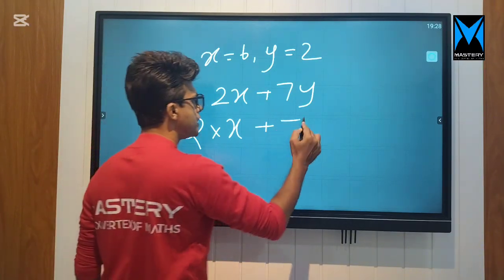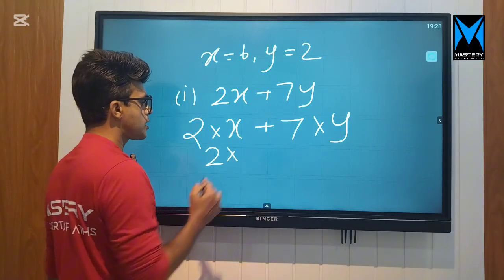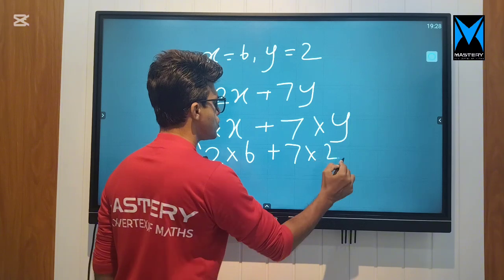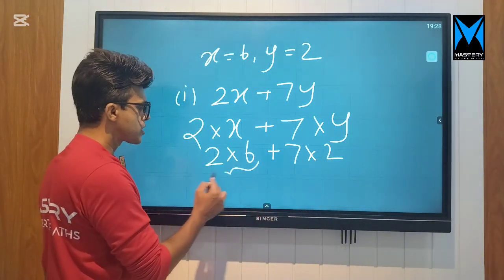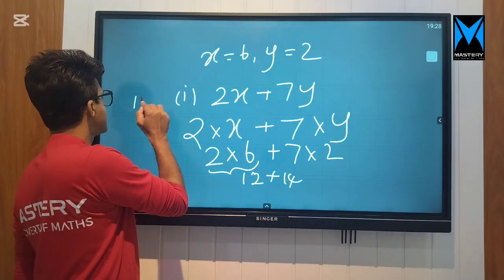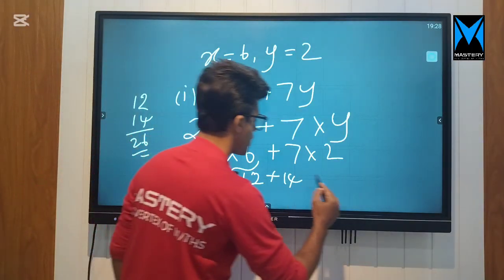You need to know about it. 7y means 7 into y. You could substitute that x equals 6 here and y equals 2 here. So 2 times 6 is 12, 7 times 2 is 14. You could add these two values, then the answer is 26 here.